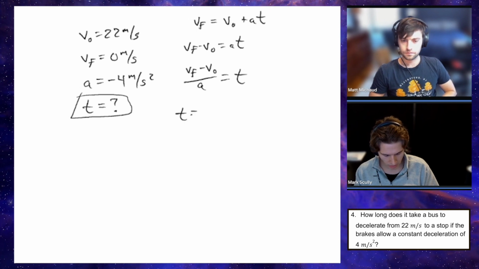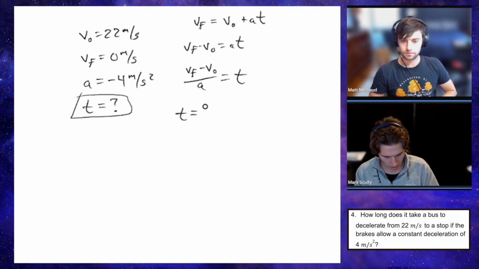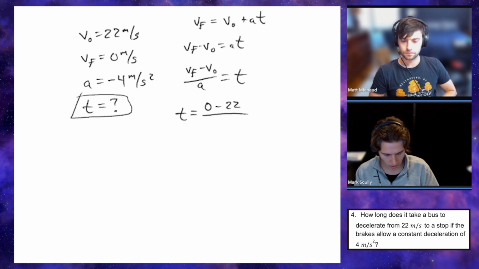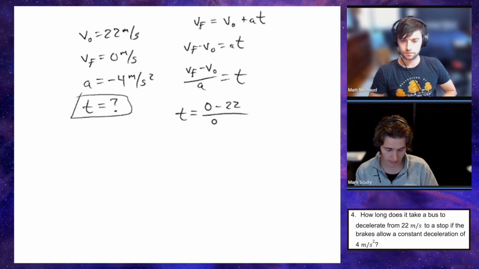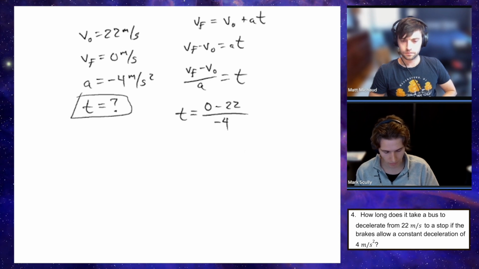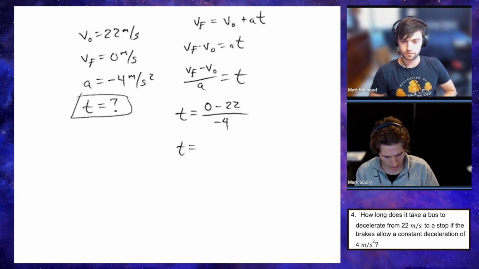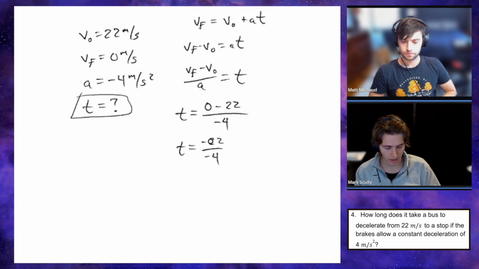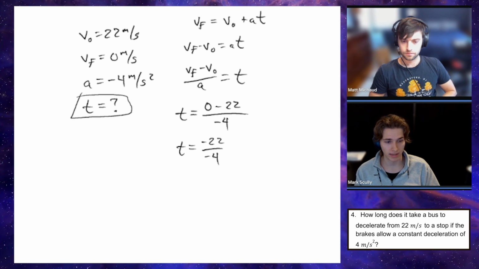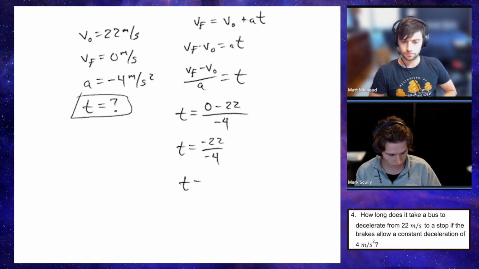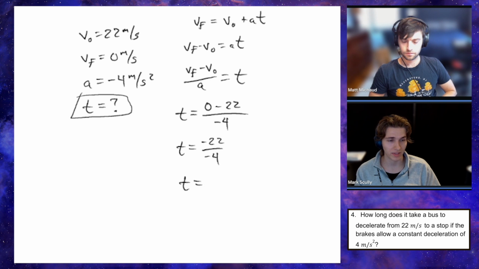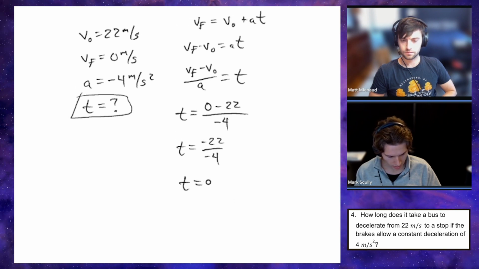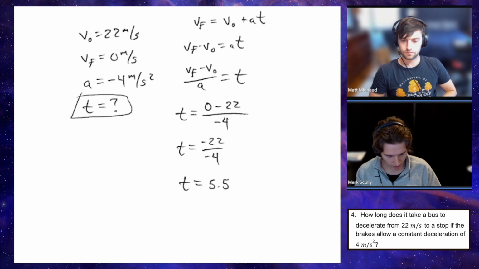We have time is equal to v final, which is 0, minus v initial, which is 22, over our deceleration or acceleration, which in this case is negative 4. So we end up with negative 22 over negative 4. Now a negative divided by a negative is always a positive. And we always want to make sure that our time is positive because you can't go back in time. So 22 over 4 is 5.5 seconds.